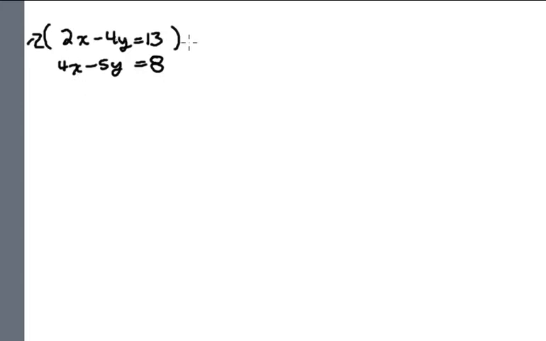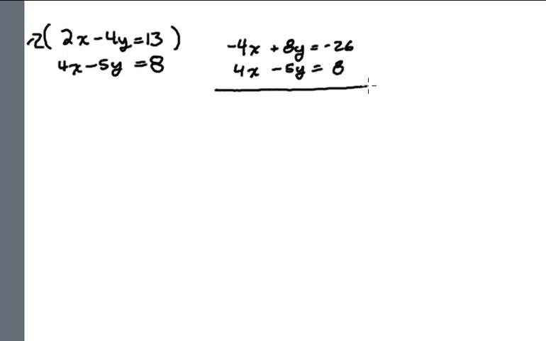So when I multiply this one through by negative 2, I get negative 4x plus 8y equals negative 26, and I leave this one alone because I already have the 4 here that can cancel with the negative 4. So now these cancel out.